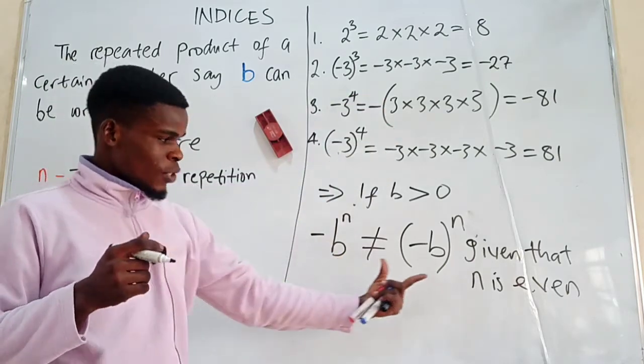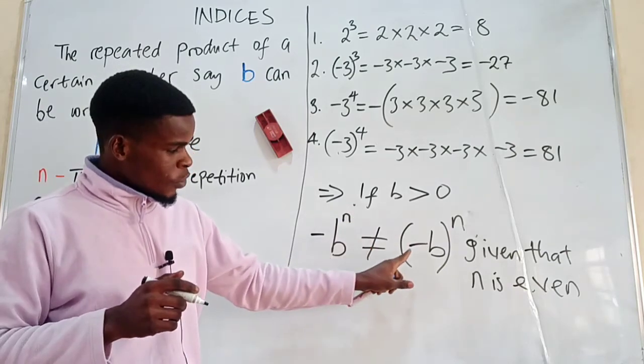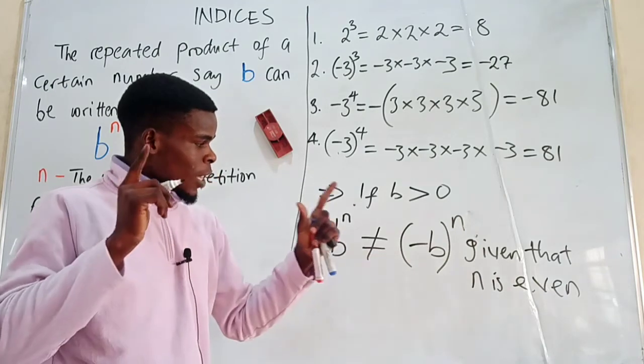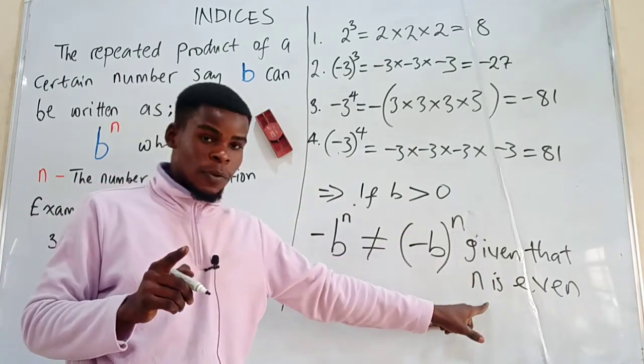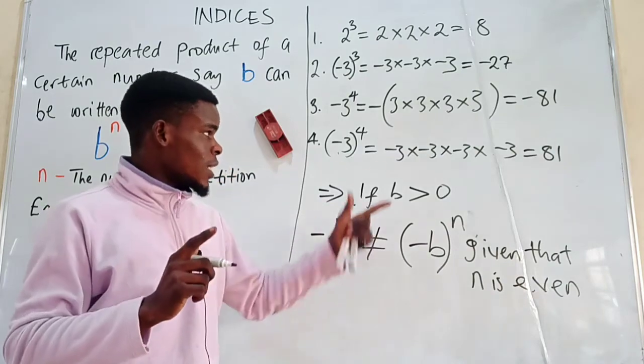So this should guide you. Whenever you have (negative b) raised to power n and negative b raised to power n with the negative not included, they are not the same thing whenever n is even. But if n is an odd number, it will not matter. It is great that you know this.